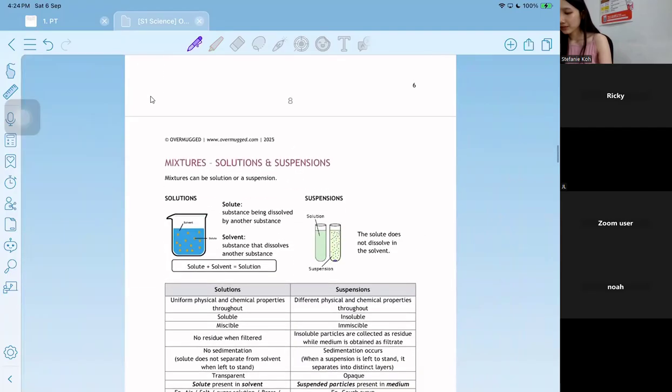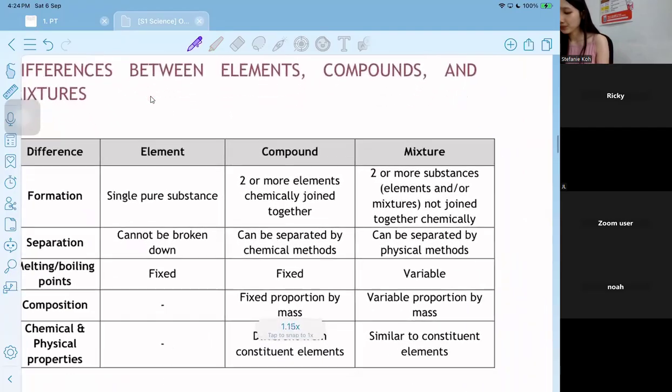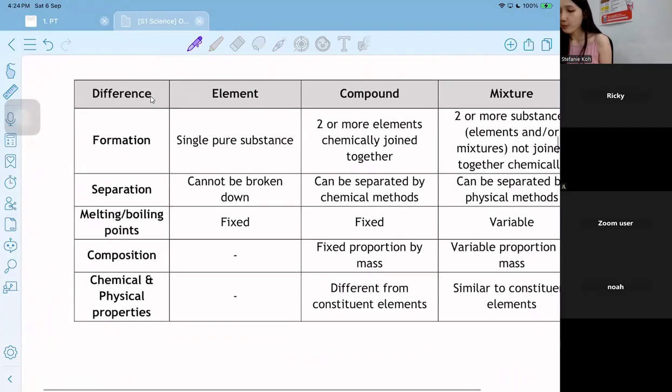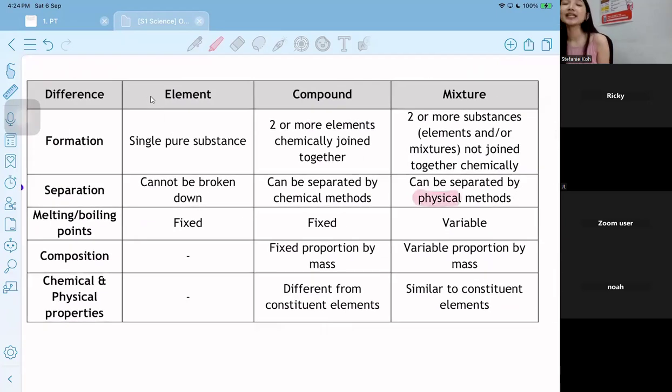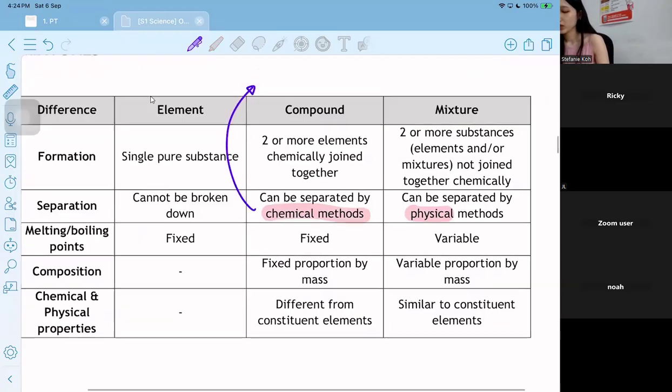Okay, then the differences. This one I mentioned, right? If you physically mix, then you will just physically separate. If you chemically combine, you will need chemical methods to separate.